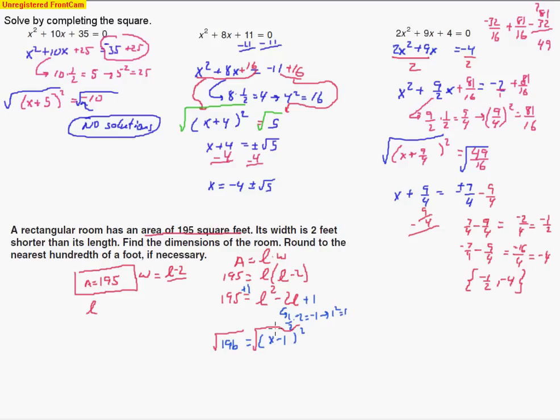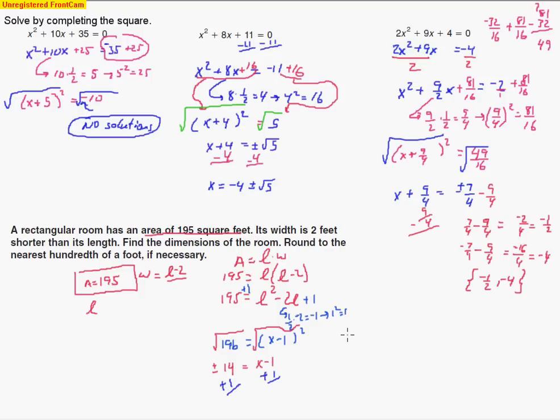So when we take the square root of 196, well, that's a perfect square, and that makes 14. Now, if it wasn't a perfect square, we would end up having to approximate it because we do want to find out what this dimension is. So 196 is a perfect square, it makes 14. So x minus 1 equals plus or minus 14.